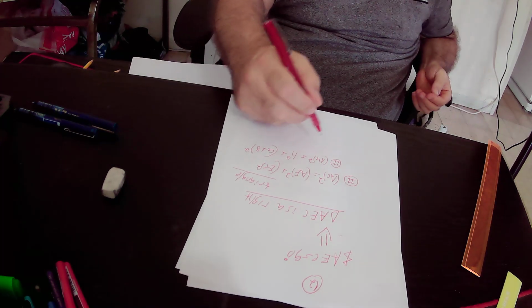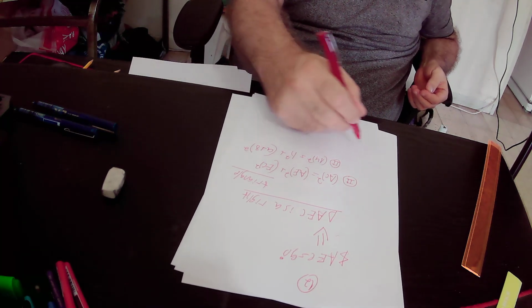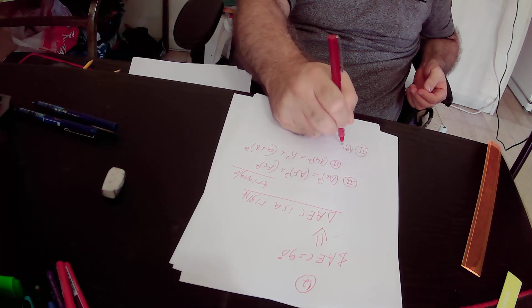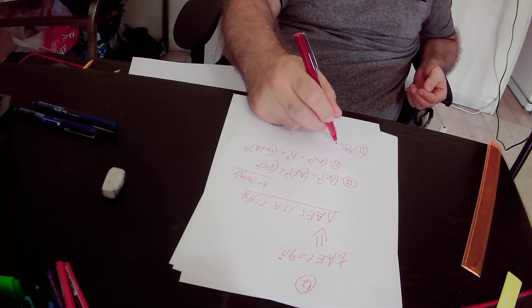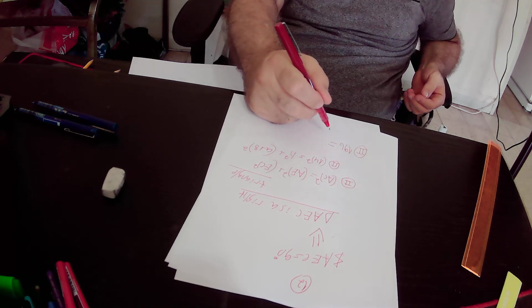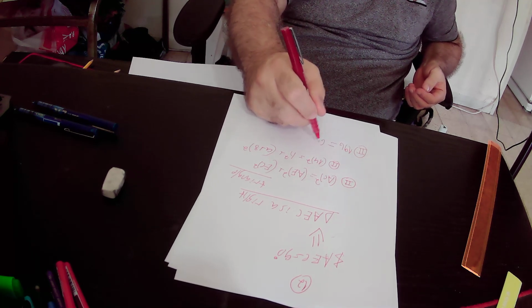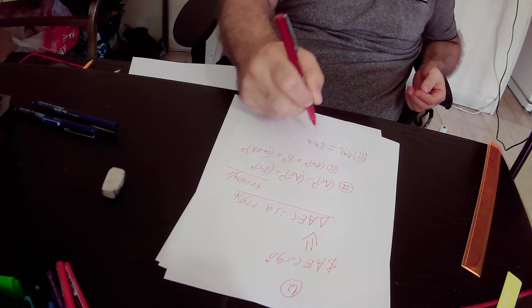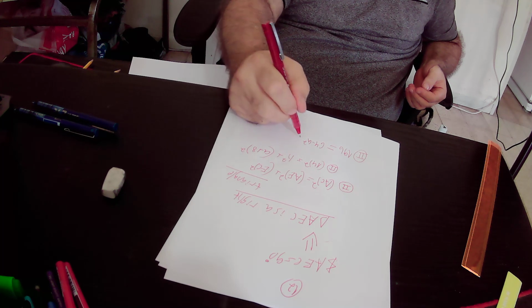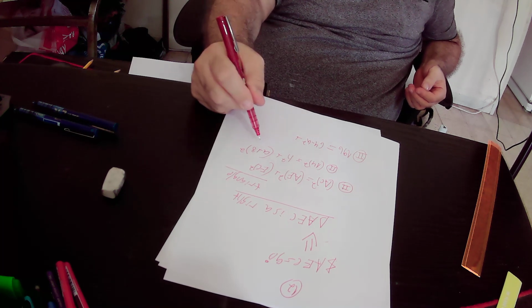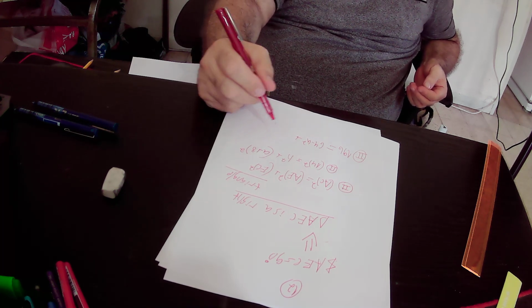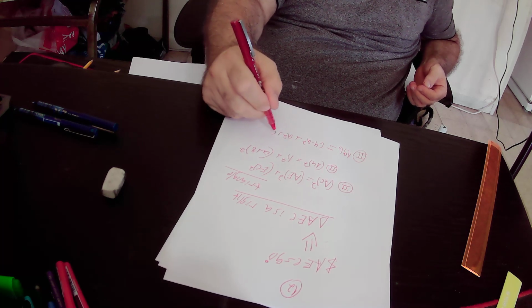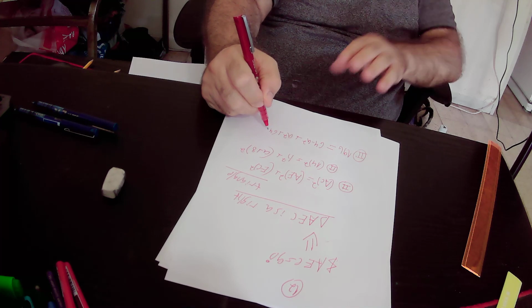14 square is 196, equals H squared. We'll substitute H squared by 64 minus A squared, plus A squared plus 64 plus 16A.